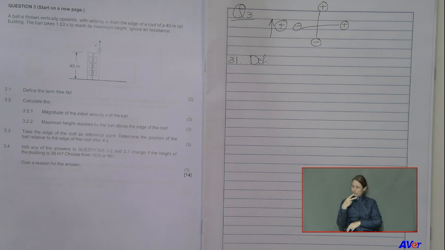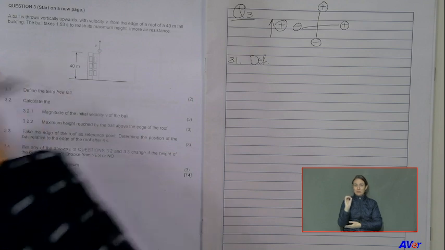The only difference is when I have my pen for free fall, I just open my hand and it drops to the ground. So that is free fall. The initial velocity is 0. It just falls to the ground. If I want to project it, then it means I must throw it. I can either throw it downwards or I can throw it upwards.